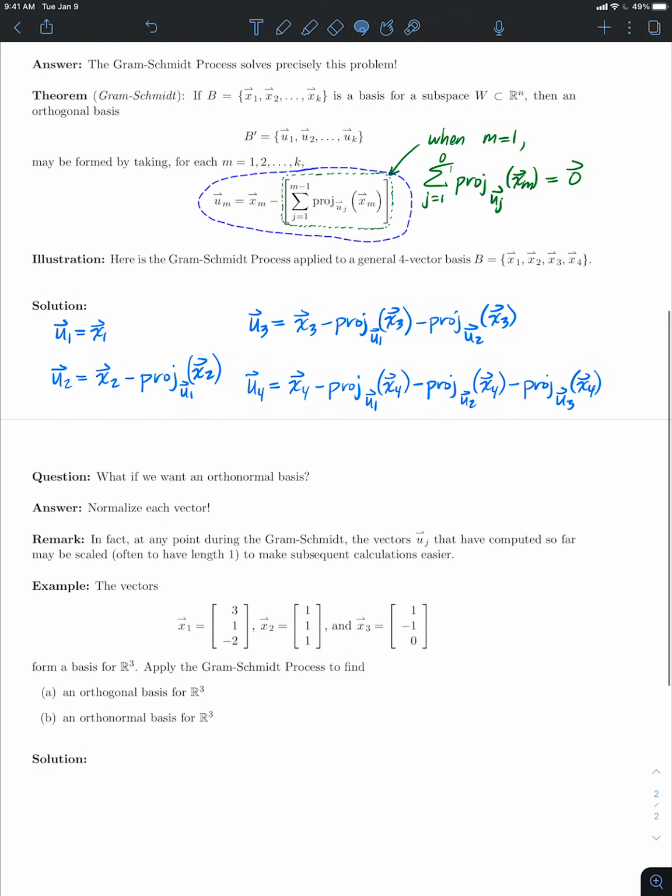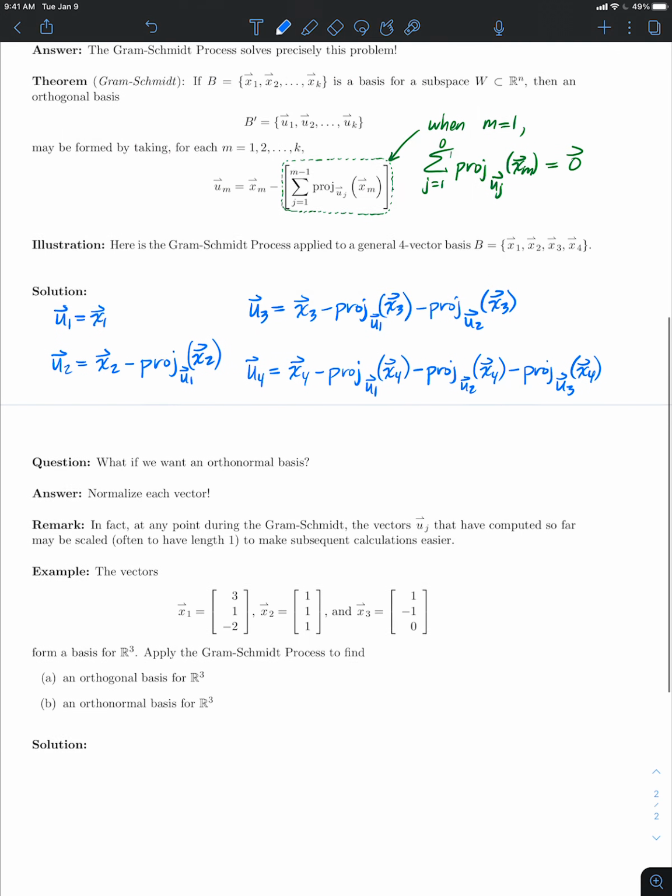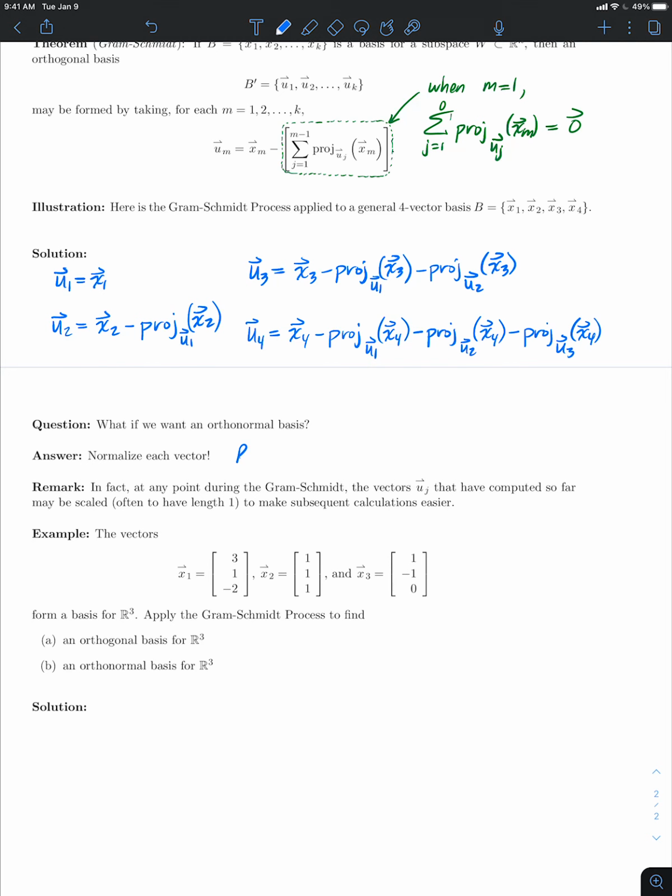If you want an orthonormal basis, that means you additionally want each of the vectors to be of length 1. In that case, you just replace, here. At this point, we would have used Gram-Schmidt to get an orthogonal basis, B prime, but they might not all have length 1. So just replace each of them with a unit vector in the same direction.